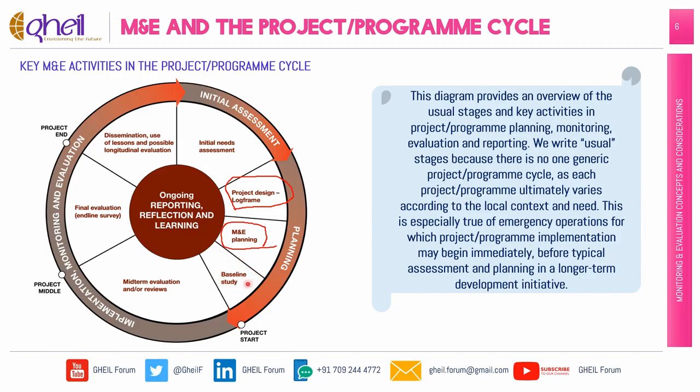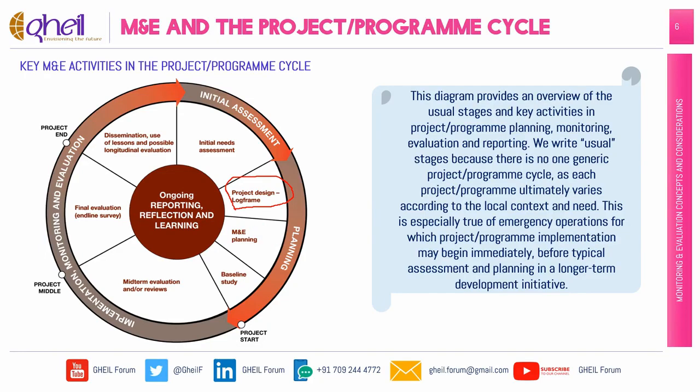Baseline study. This is the measurement of the initial conditions, appropriate indicators, before the start of a project program. Midterm evaluation and/or reviews. These are important reflection events to assess and inform ongoing project program implementation. Final evaluation.